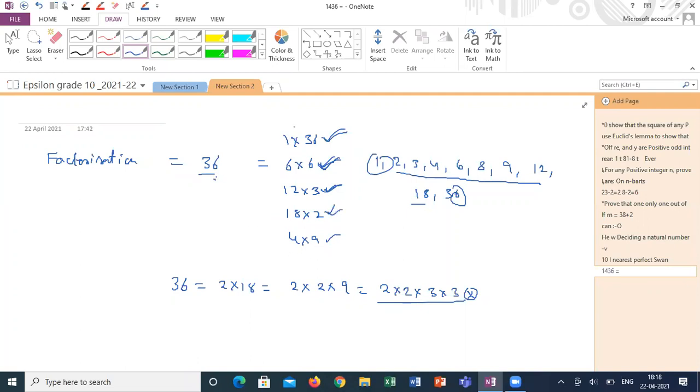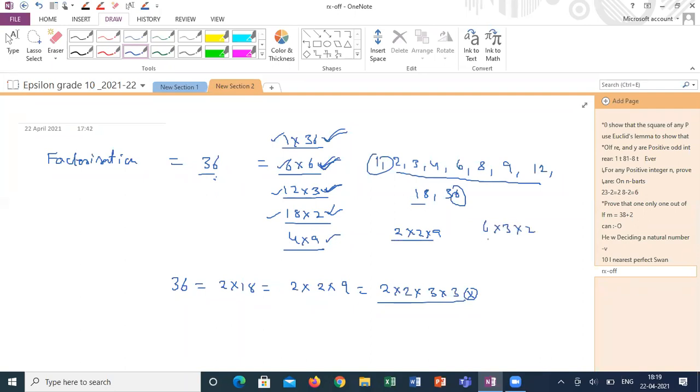18 into 2 also 36. And here, from one answer to another answer, there is no relation. In the first answer I am using 1 and 36, in the second 6 and 6, in the third 12 and 3, in the fourth 18 and 2, in the fifth 4 and 9, in the sixth 2 into 9, and in another 6 into 3 into 2.